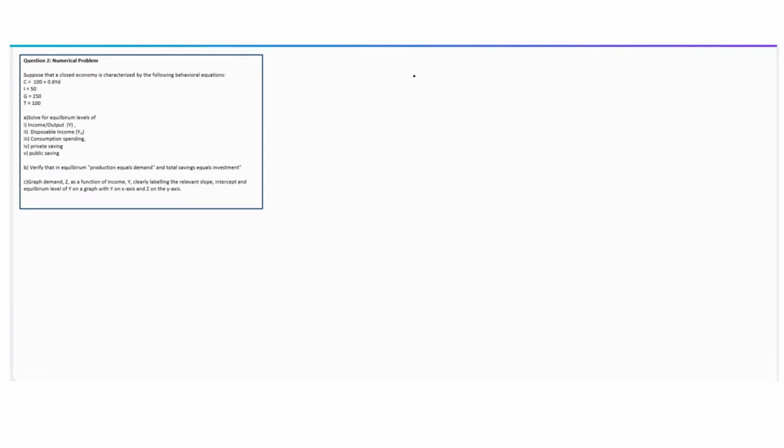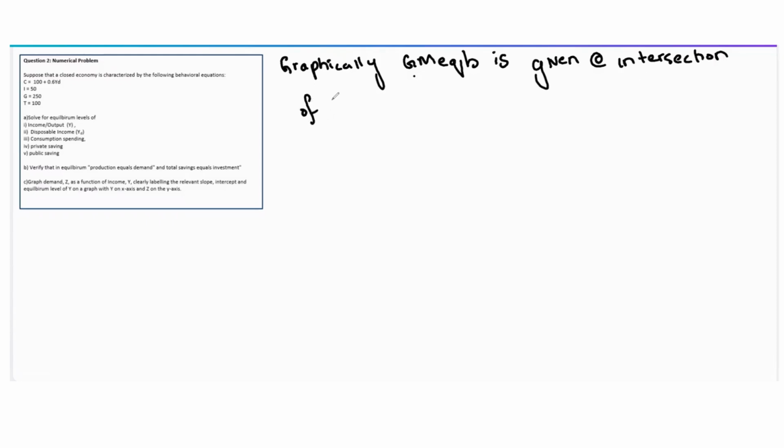Now, the idea is this, that graphically, goods market equilibrium is given at intersection of the 45-degree line, which is the z is equal to y line, and the demand schedule.